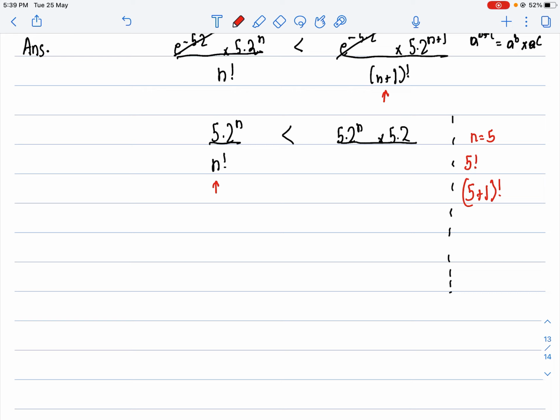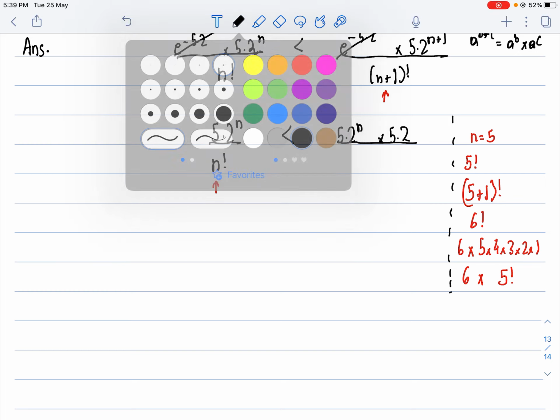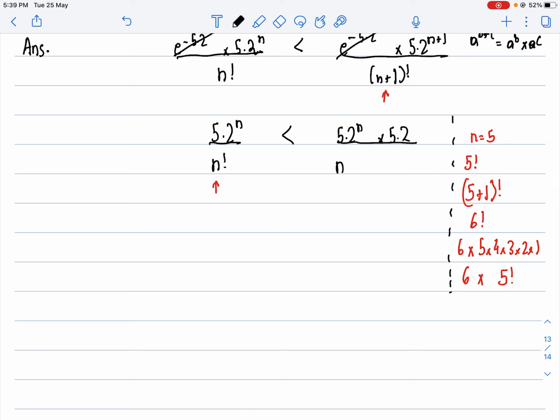Now 5 plus 1 is 6, so I can write this as 6 factorial. 6 factorial is basically 6 into 5 into 4 into 3 into 2 into 1. This can also be written as 6 into 5 factorial. Agreed? Correct? In the same way, now come back to the question. I can write this as n plus 1 into n factorial.